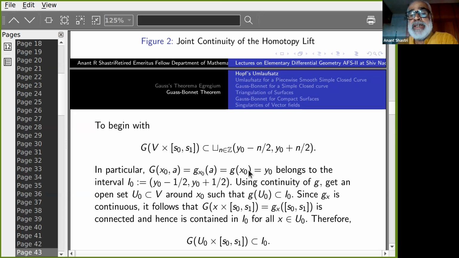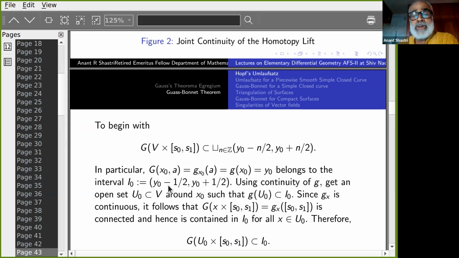We start with G being continuous. That is our starting induction hypothesis here. G x0 equals Y0. G is continuous, at x0 it is Y0, and it belongs to this interval Y0 minus n by 2, Y0 plus n by 2.